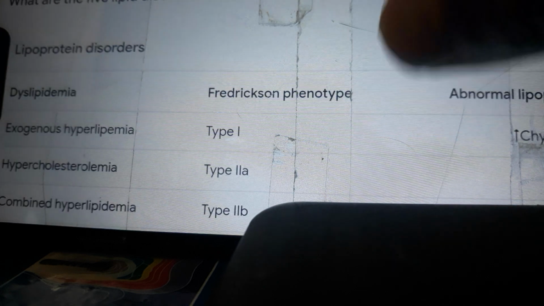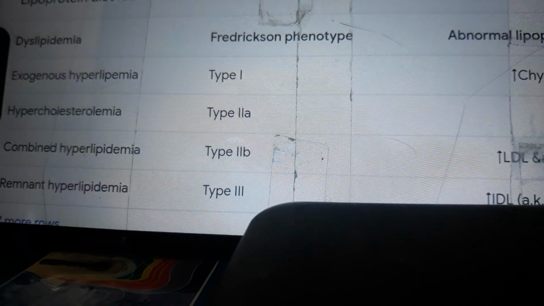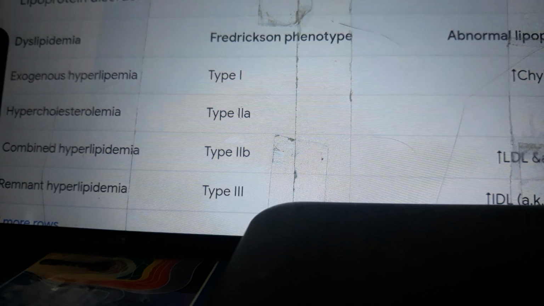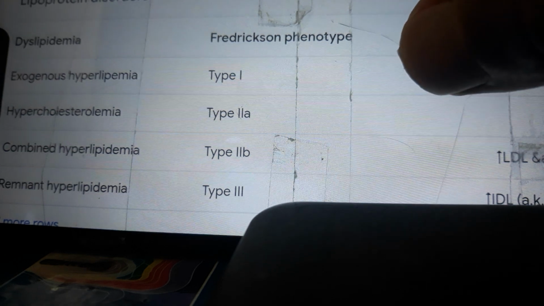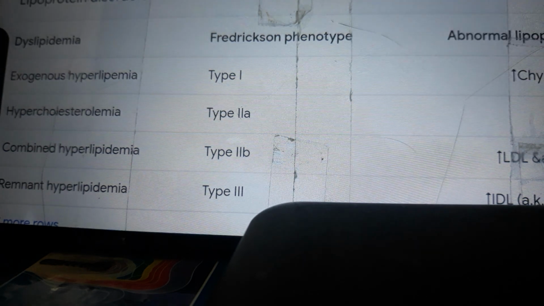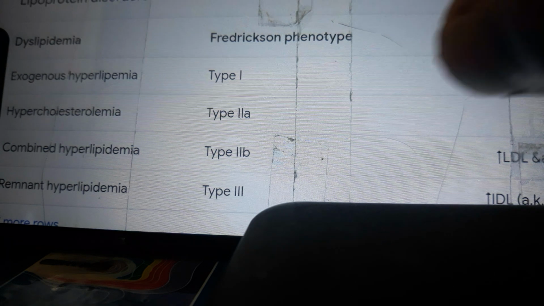Now, basically, it's classified as lipoprotein disorders, where you have dyslipidemia, Fredrickson phenotype, abnormal lipoproteins. Then we have exogenous hyperlipemia, type 1, with an increase in chylomicrons.